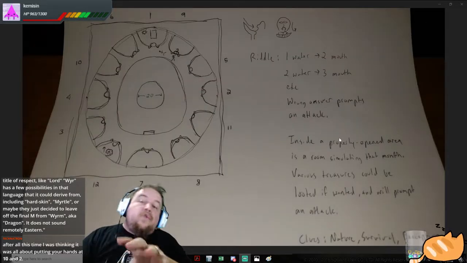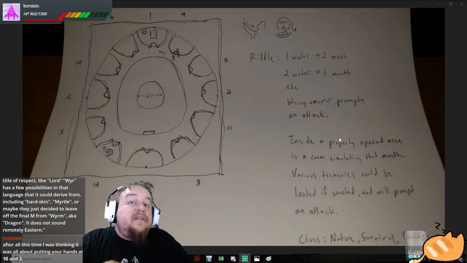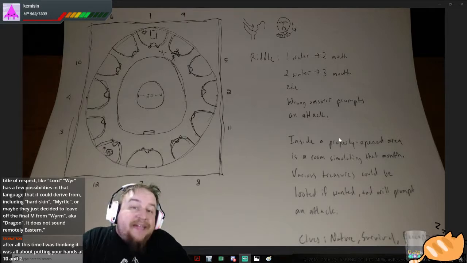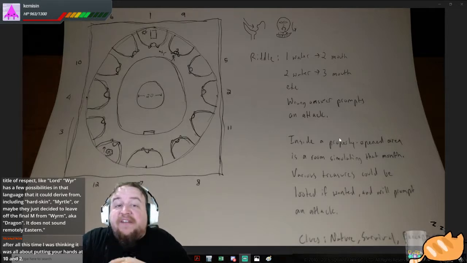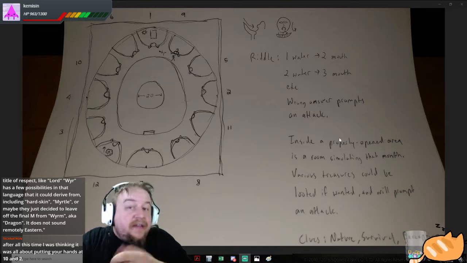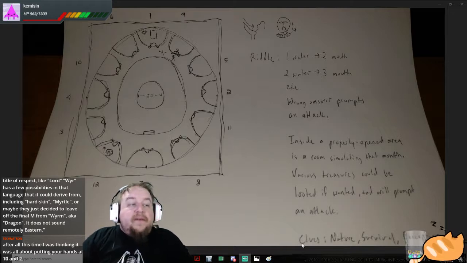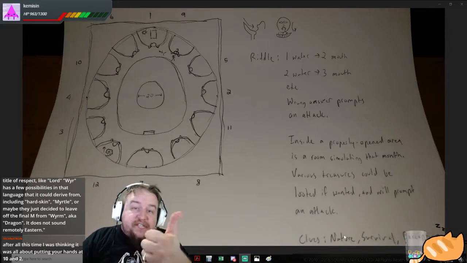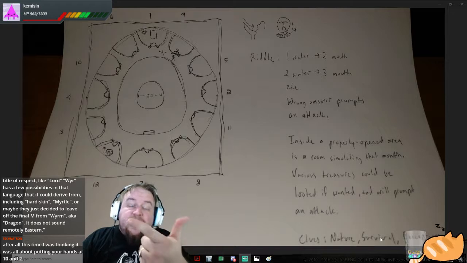Now, in order to help your players learn the clues, I would associate them being able to use different skills to try and ascertain the nature of the water and perhaps which month it belongs to. For example, if they want to find clues, they can use nature, survival, or perhaps even perception.